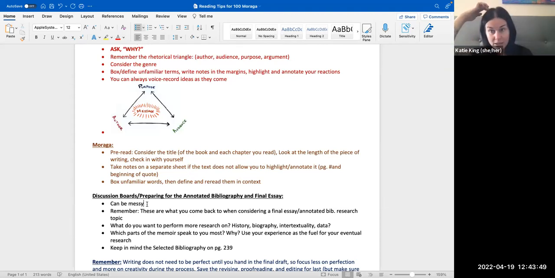And that's almost exactly what it is. Not all of these are cited directly in the text, but they're referenced, and they're what Moraga used to research her own self. She's looking at herself and her memoir as a text, and these are what helped her to contextualize that.